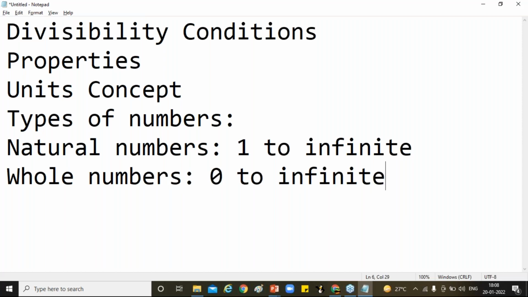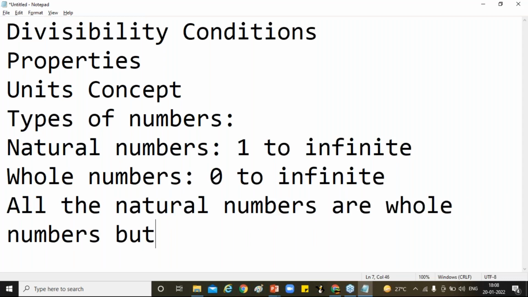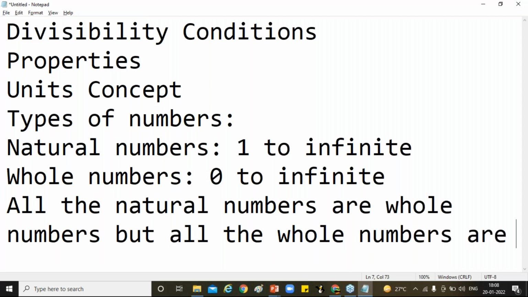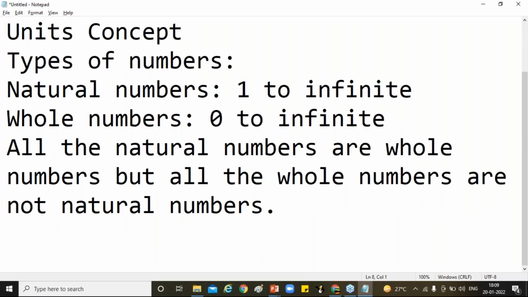So from these 2 points, what we understood is very clear: all the natural numbers are whole numbers, but all the whole numbers are not natural numbers, because 0 is a whole number.